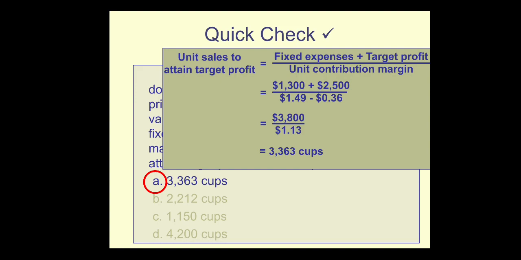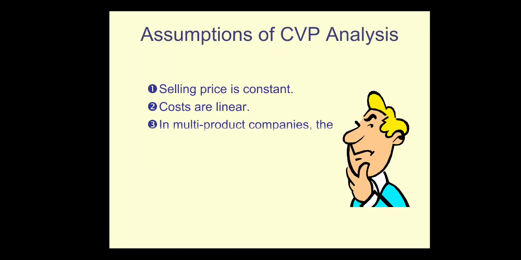Unit contribution margin equals $1.49 minus 36 cents. If you solve this calculation, then you will get the answer, 3,363 cups. So it shows that if the business wants to achieve $2,500 profit per month, the business has to sell 3,363 cups. Make sure you know how to do this.